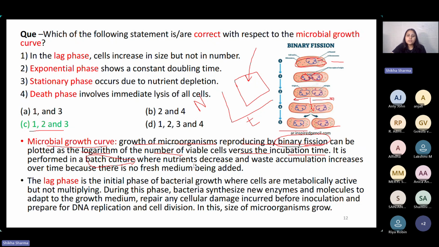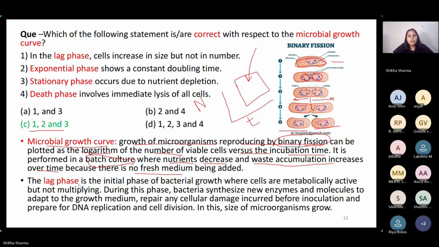So nutrients will decrease with time because bacteria are eating them and dividing using binary fission, and waste will accumulate with time because no fresh medium is being added. So this kind of setup applies in the microbial growth curve when we see the number of viable cells with respect to time.